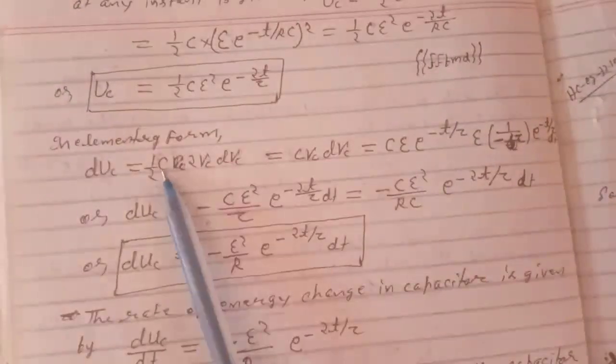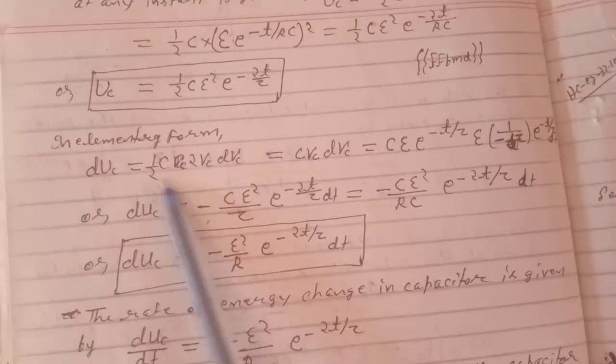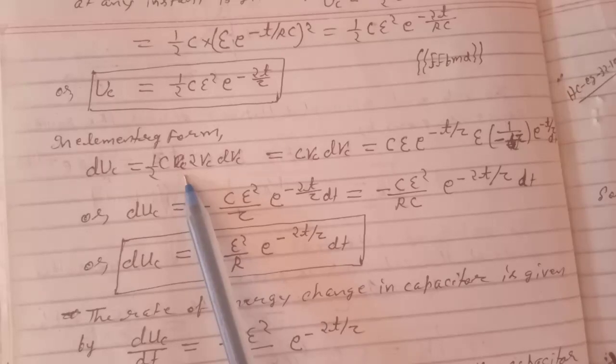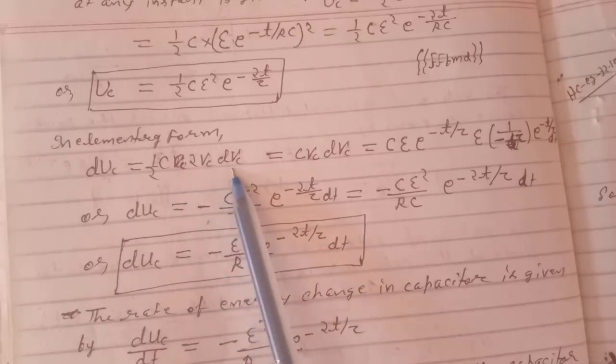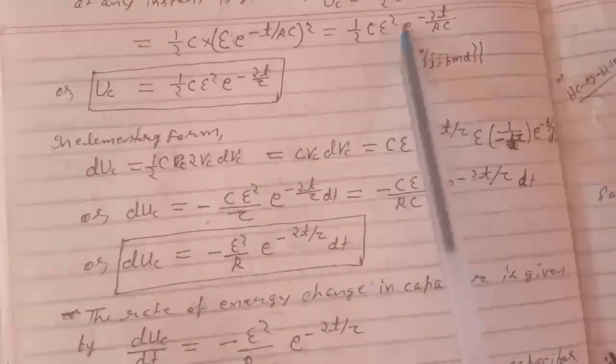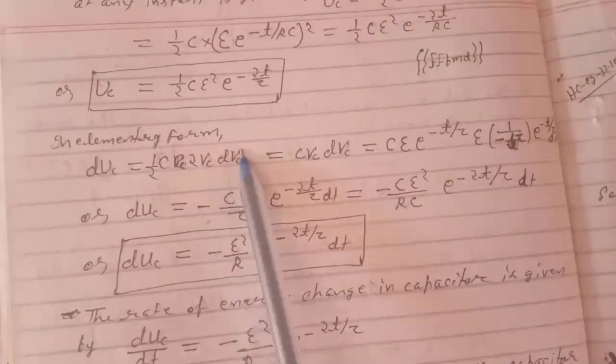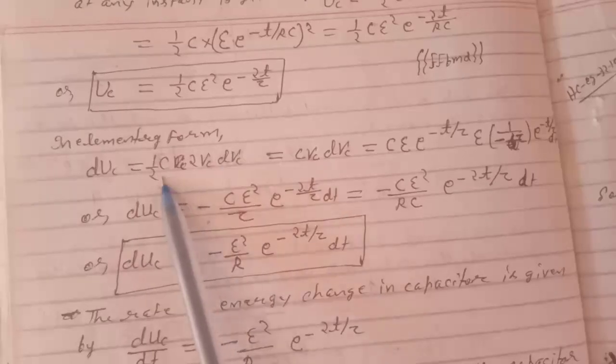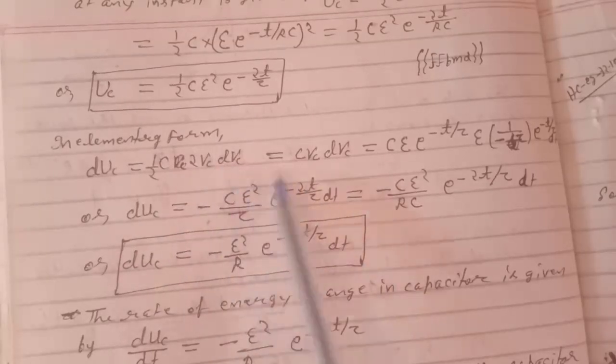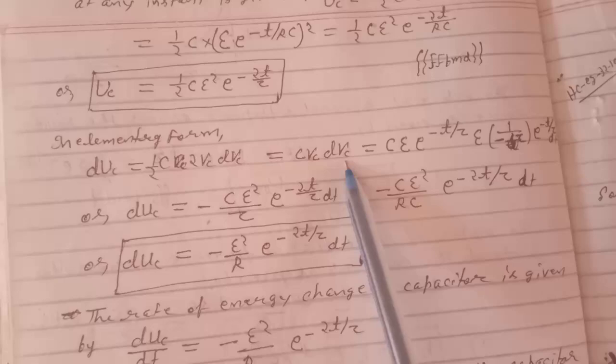Now in elementary form we can write dUc equals 1 by 2 C into 2 Vc into dVc, because C remains constant while the potential difference is changing, so we have differentiated the potential difference. So 1 by 2 C into 2 Vc into dVc, or C Vc dVc.